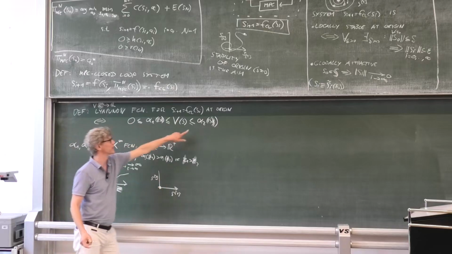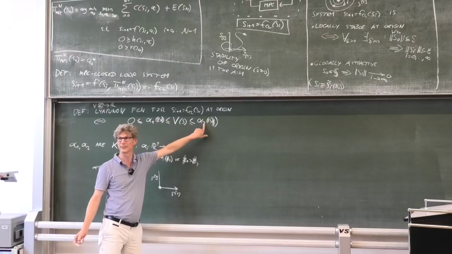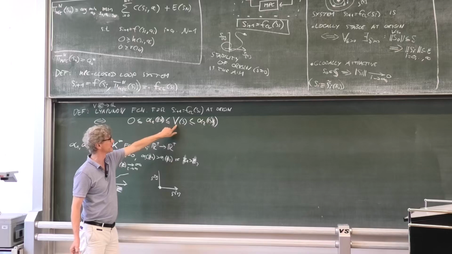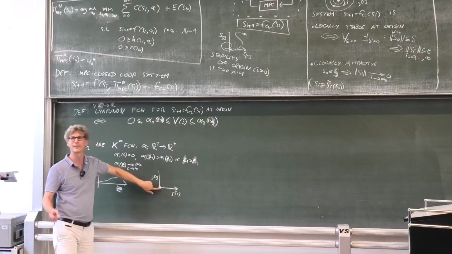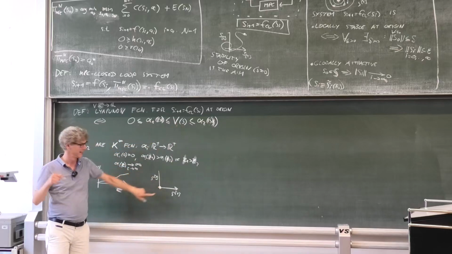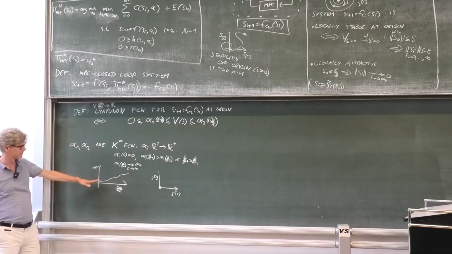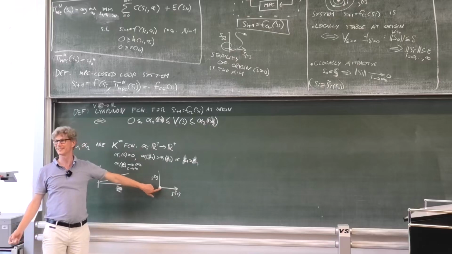By this definition, because alpha at 0 must be 0, this also must be 0, and it should be bigger than 0. But then basically this implies already that our Lyapunov function at 0 is 0, right? And then the fact that it's increasing means that 0 is the only point where it's 0, right?